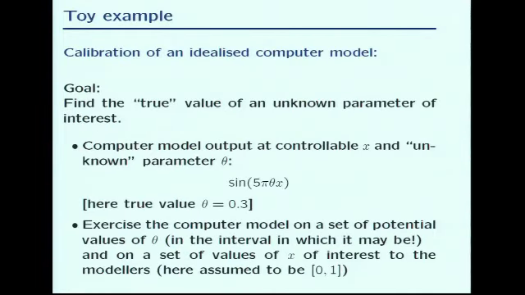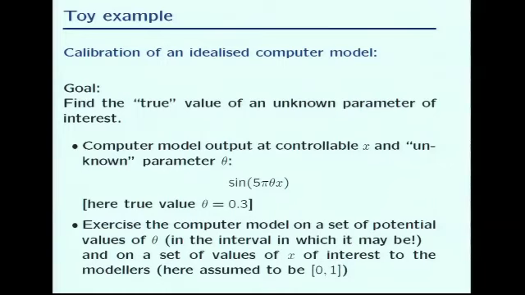So the toy example, to present the calibration, just to tease you a bit. We're here looking at an idealized computer model. So instead of looking at a complex computer model, we here focus on this function. So it's just a function. You see you have x.